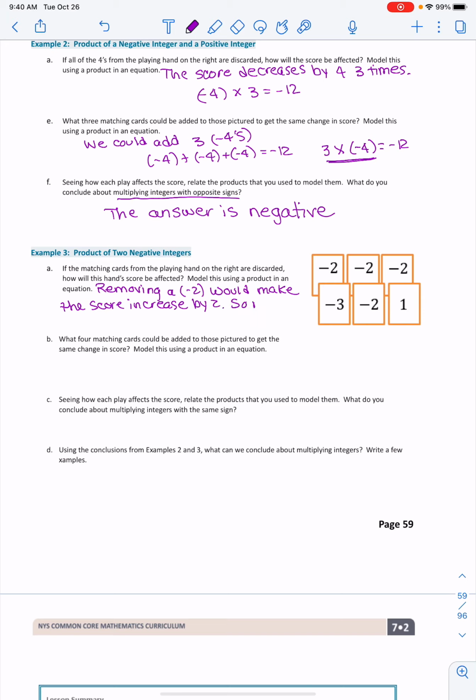So, removing all 4 would make it increase by 8.